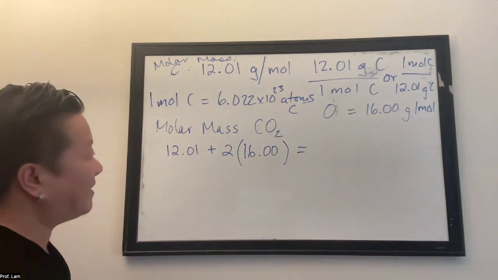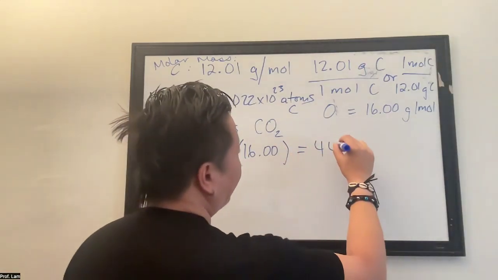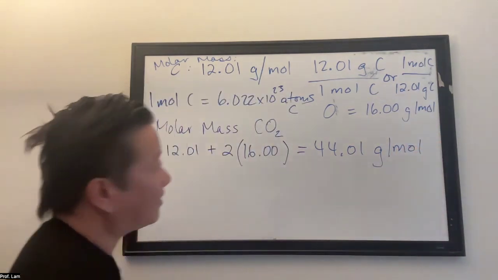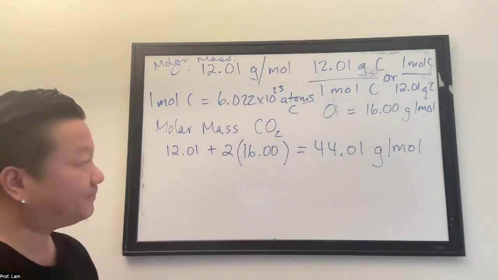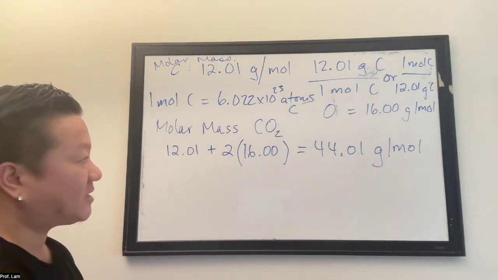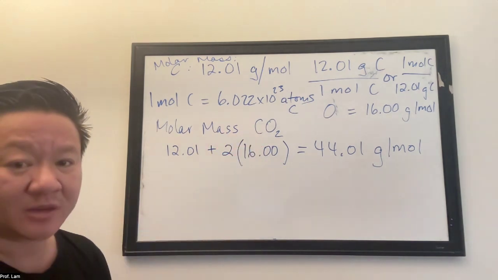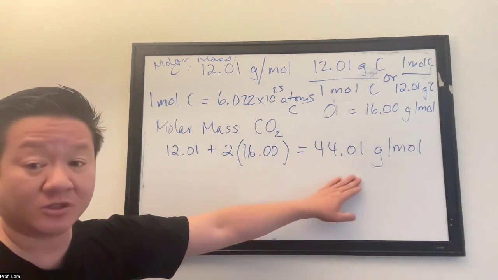And you're going to get, that's 32 plus 12, 44.01 grams per mole for CO2. Okay, so simple as that, right? So it doesn't matter what you're presented with as your chemical formula. You're just going to add up each individual atom's molar mass, and you'll get the whole molecule's molar mass.